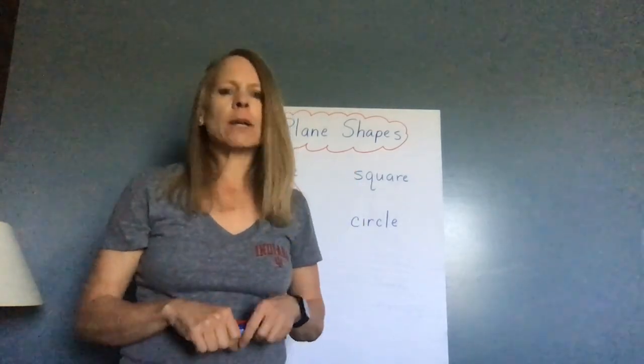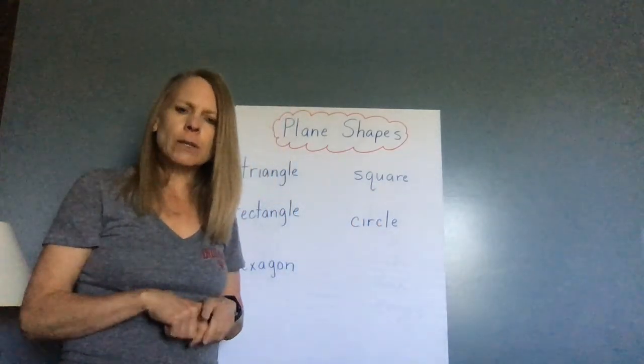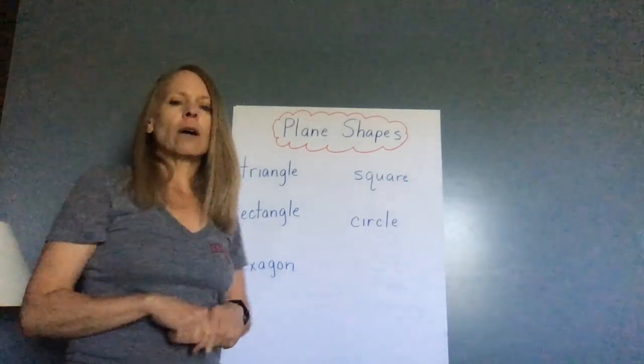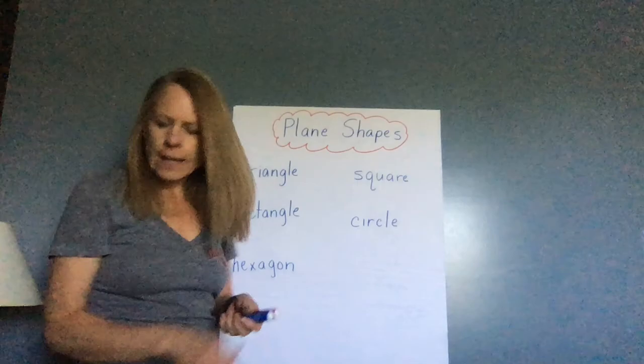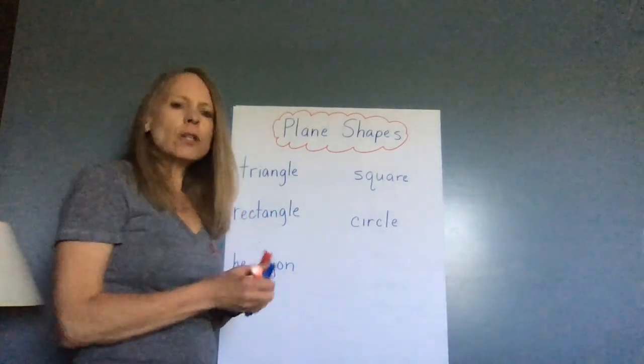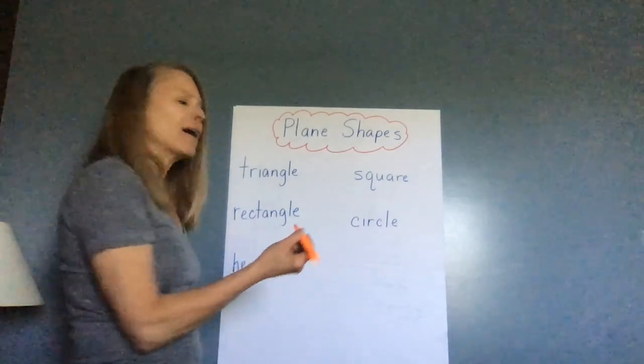Some of the plane shapes that we're going to talk about are the ones that I have listed on my chart. So first of all, we're going to talk about a triangle. Now, when we look at a triangle, we know that a triangle is going to have three sides.